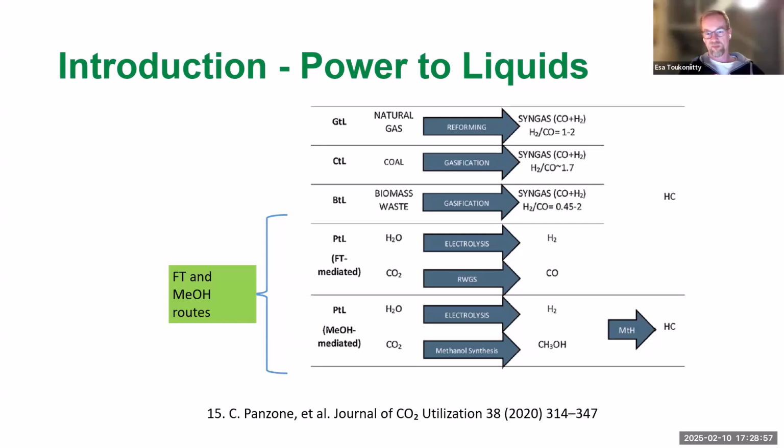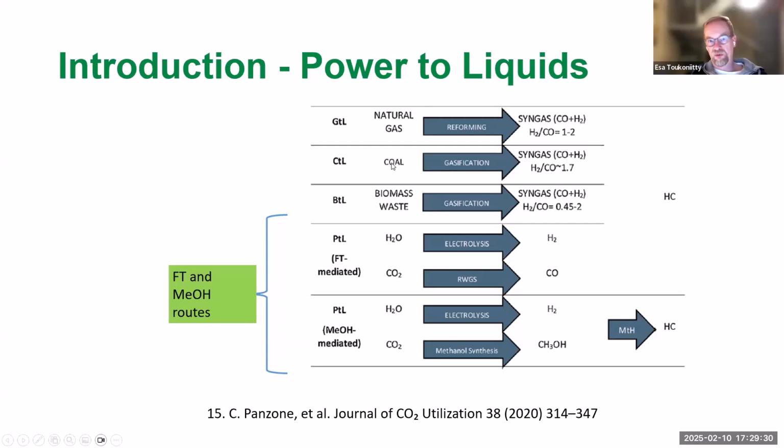Here are some of the processes listed which produce synthesis gas. So from natural gas or coal or biomass, you can gasify or use steam reforming to make it from fossil sources. Coal and natural gas are fossil based, but you can end up with a mixture of carbon monoxide and hydrogen.